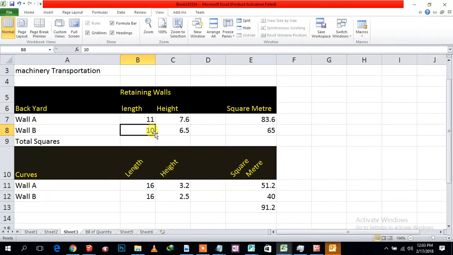So that's 10 multiplied by 6.5. We're getting 65 square meters. So just for the front dimension of the two walls, we have a total of this plus this, about 148 square meters. I also want you to confirm these dimensions, so we can be on the same platform.